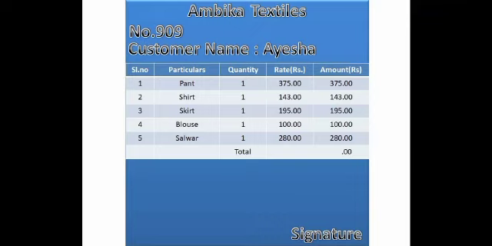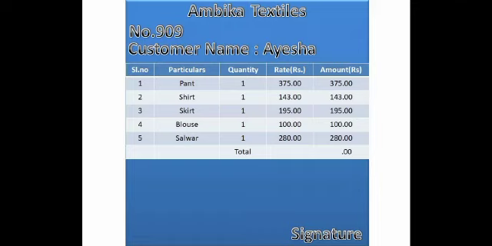Now here you can see there's a bill. There's the name of the textile shop, the customer's name, and the number of the bill. And then here you can see there are some columns. The first one is serial number, particular means the things which you buy, quantity, the number of things, the rate, and the final amount.